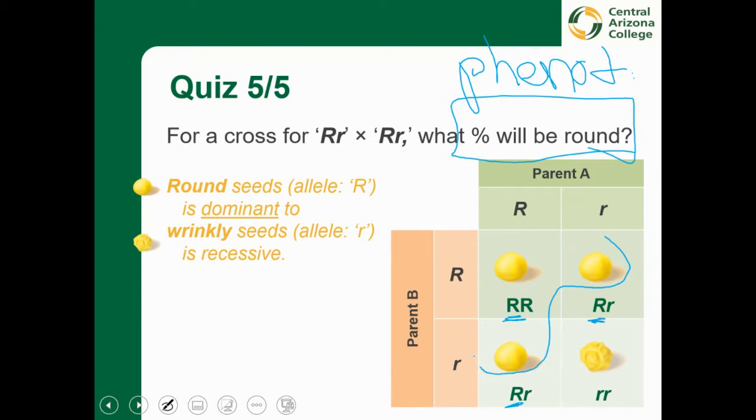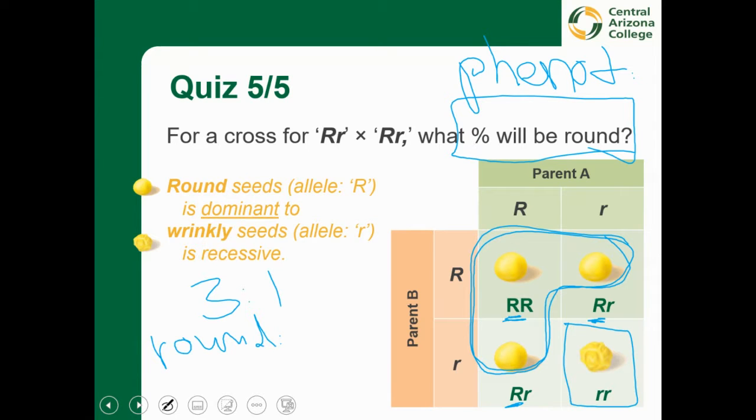So 3 out of the 4 outcomes that we saw were going to be round, and only 1 out of the 4 outcomes was going to be wrinkly. So for the phenotype, 75% is going to be round and 25% is going to be wrinkly.